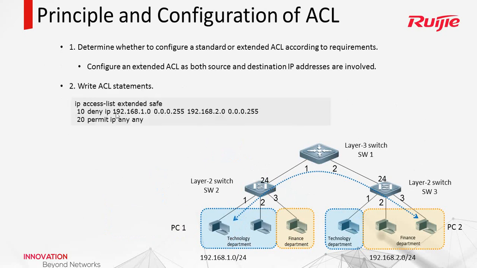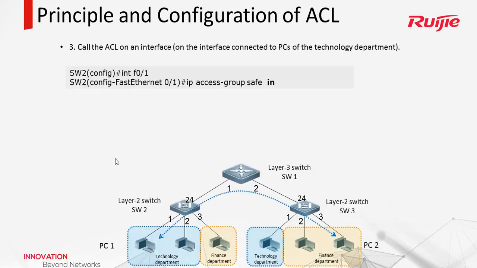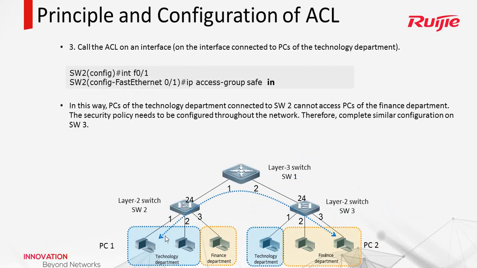Then write the ACL: deny IP from the technical department to the financial department. Then don't forget to permit IP any. Then apply this ACL to the one interface. Then when the technical users access the financial, they will be denied on SW2.